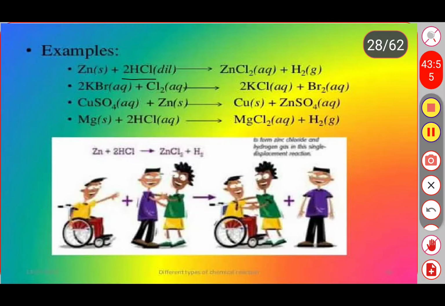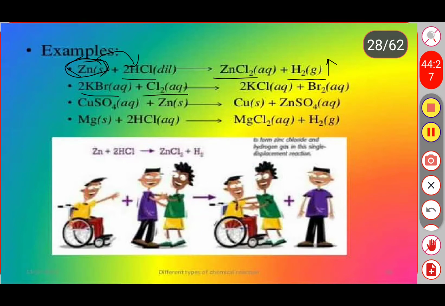It means it forms zinc chloride and hydrogen gas will be liberated. So this is one example of a single displacement reaction. See one more example. Potassium bromide plus chlorine. So potassium is highly reactive and it combines with the chlorine, and the bromine or bromide will get separated.